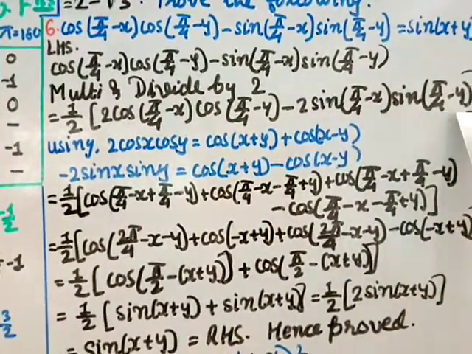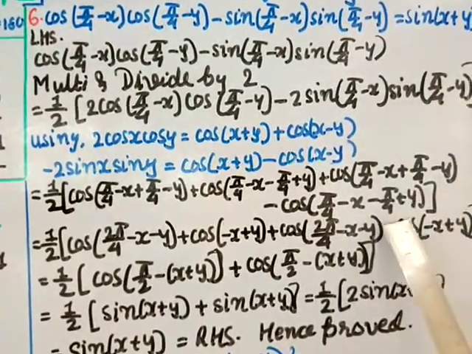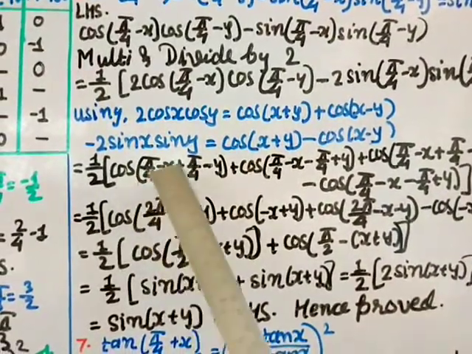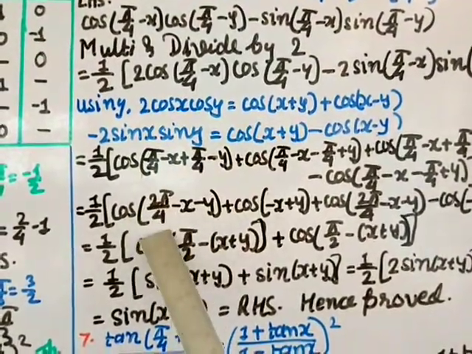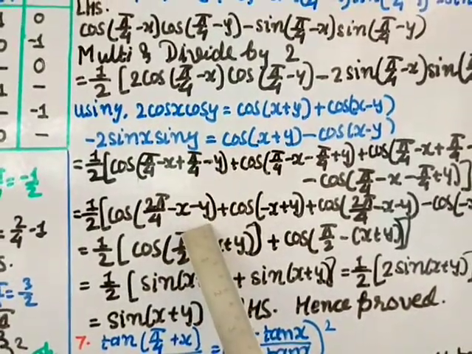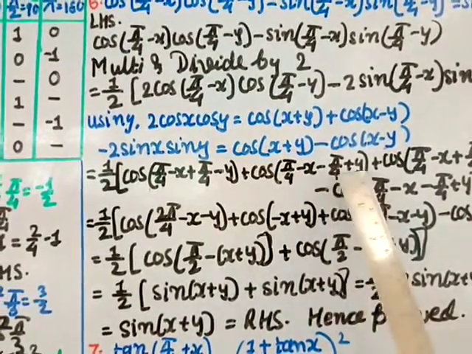So this minus this: pi by 4 minus x minus pi by 4 minus y, but the minus will become plus y. Now in this, pi by 4 plus pi by 4 gives you 2 pi by 4. These two together give 2 pi by 4 minus x minus y, plus pi by 4 minus pi by 4 cancel, so here remains minus x plus y.